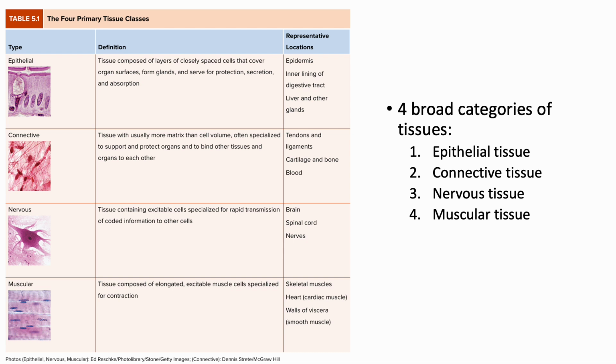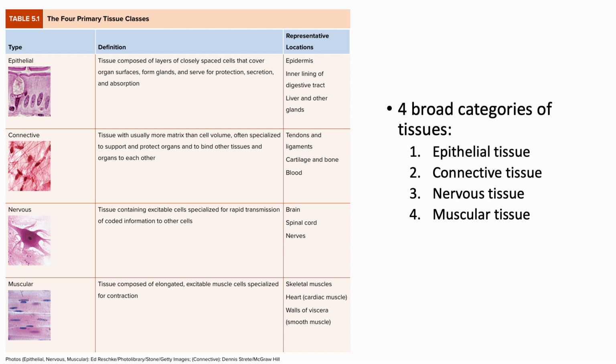Here we have our four primary tissue classes. We have epithelial tissue, connective tissue, nervous tissue, and muscular tissue. What is epithelial tissue? Think of it as cells next to cells, next to cells, next to cells.